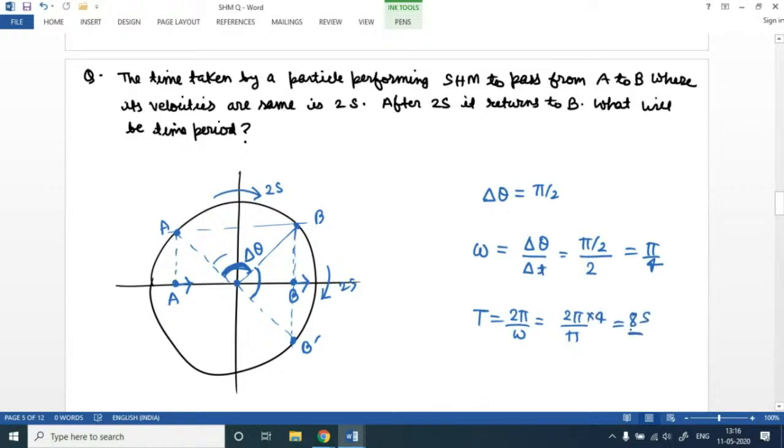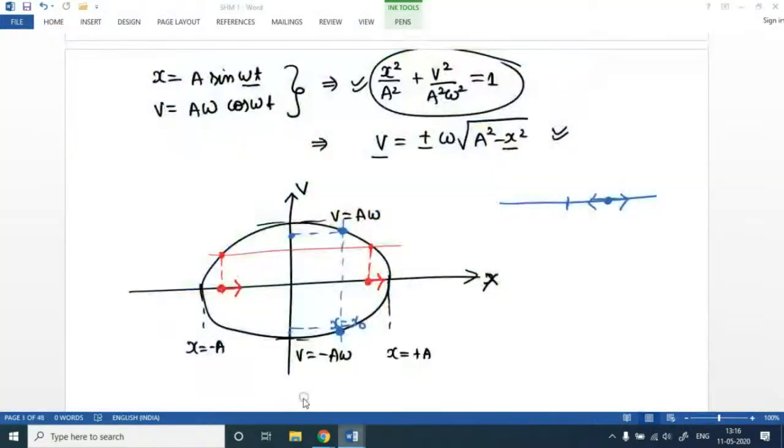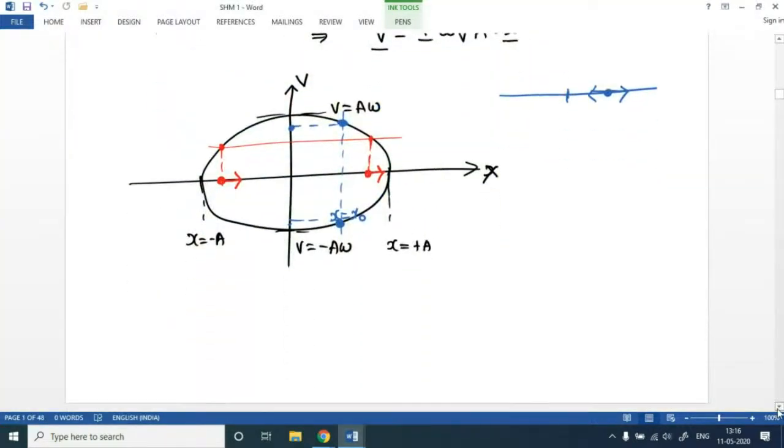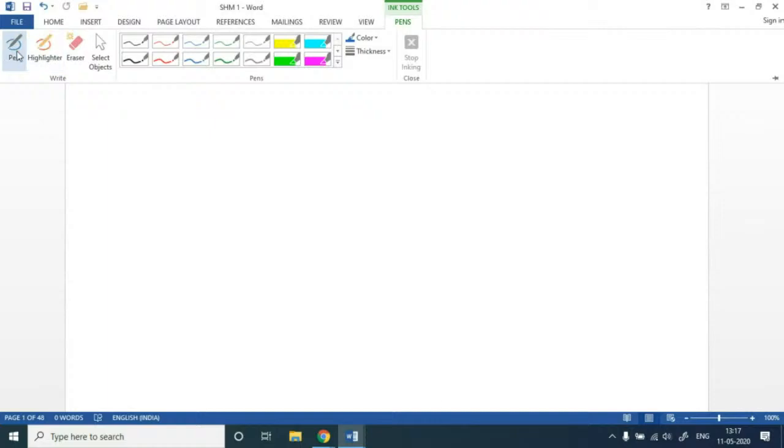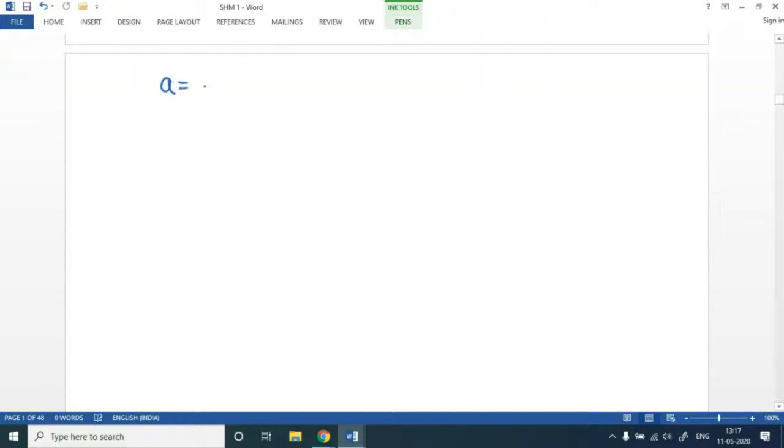So this is regarding the velocity. Now let's also look at acceleration as a function of x. Looking at acceleration as a function of x, you should realize that a can simply be written as minus omega square x.